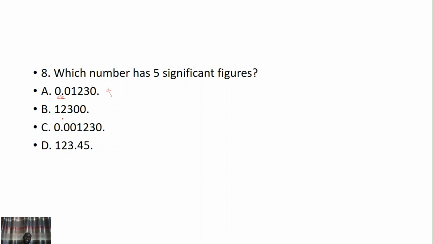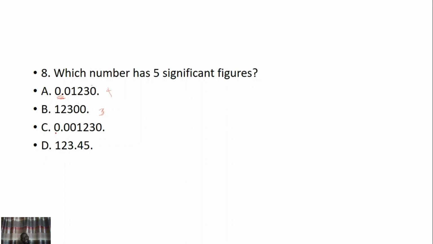This one, how many significant figures is this? Guess. Oh, you guessed right. This is three significant figures because don't forget the rule. This is not a decimal number. So these zeros are non-significant, so this is three significant figures.